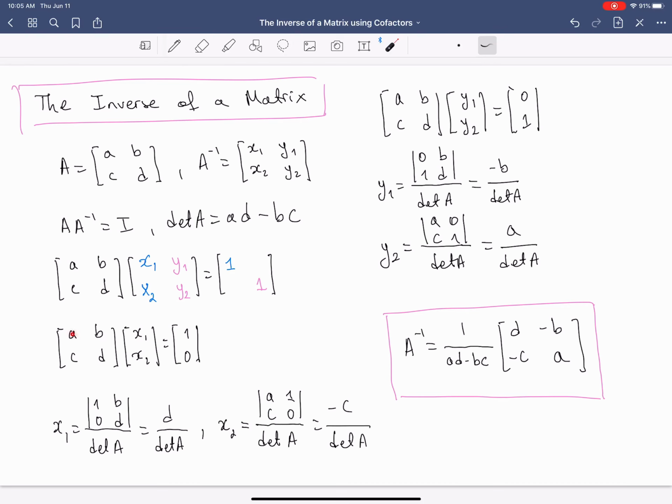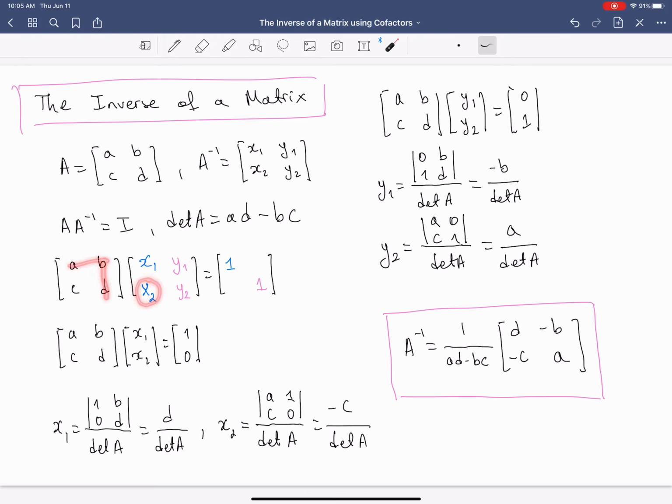So that transpose means that the indices are being flipped, and that's exactly what was happening in our example. For 1, 1, you can change the order and you get the same thing. So for this diagonal term, the cofactor is just the cofactor of 1, 1. Same goes for the diagonal term of D. But for C, to compute x2, the term in the 2, 1 position of the inverse, you actually look at the cofactor of 1, 2.